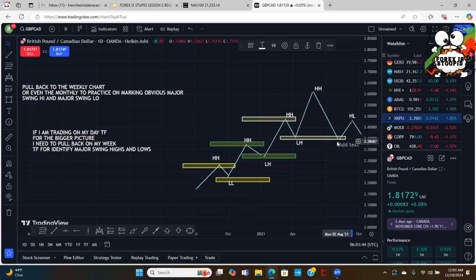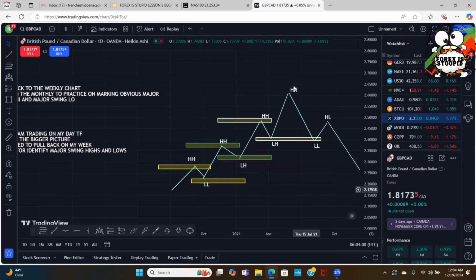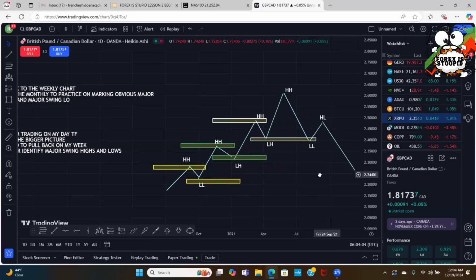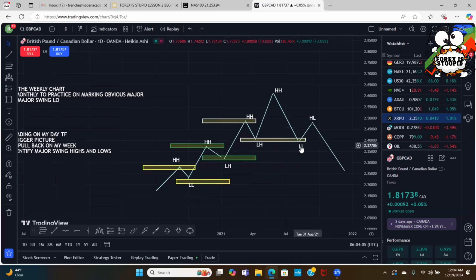All right. So for an uptrend, price has to create higher highs. And then for the lows, it has to be a lower low followed by higher lows. For a downtrend, price has to create a higher high followed by a higher low, followed by lower lows. So that would be the same in trading.